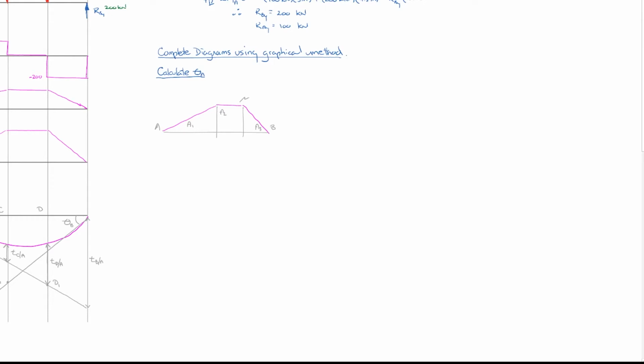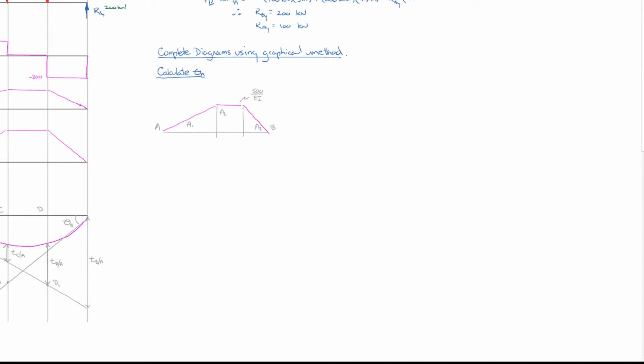Then label this. This is the moment, which is 500 kilonewton meters divided by EI. And the distances, I'm not going to rewrite them, but they're the 5 meters, 2.5 meters, 2.5 meters down there.